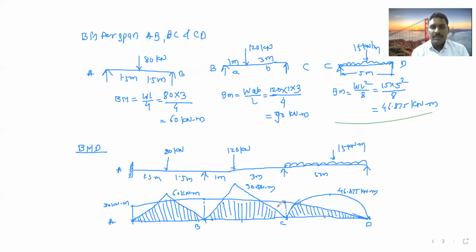So here 45 kilonewton meter and here 32.19 something kilonewton meter. Okay. In this way, we can draw the BMD for this particular beam by using the plastic method, or plastic analysis of design method. Are you getting this? In this way we can draw the BMD.